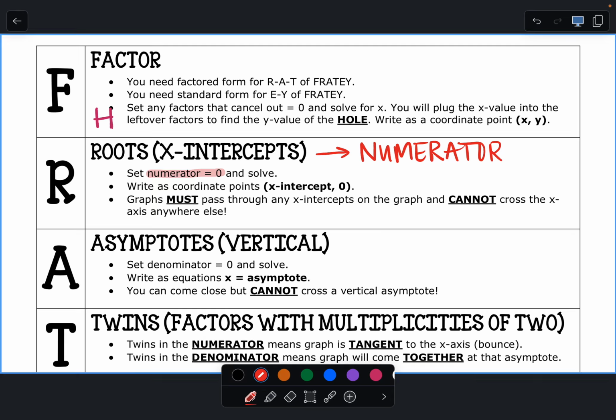After you factor, you will set those numerators equal to 0, and we always write these as points: the x-intercept, comma, 0. Anytime you are graphing, you must pass through a root. If it is a point, your graph has to touch it.